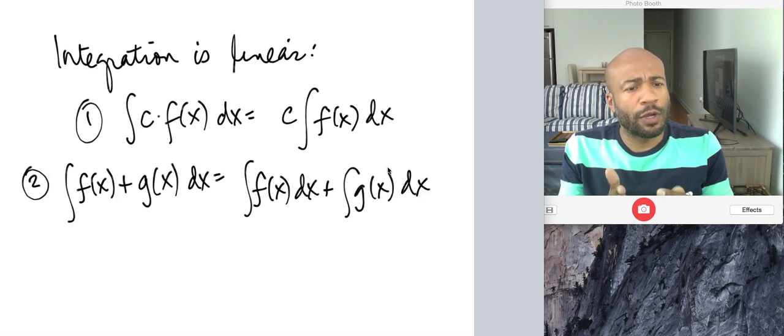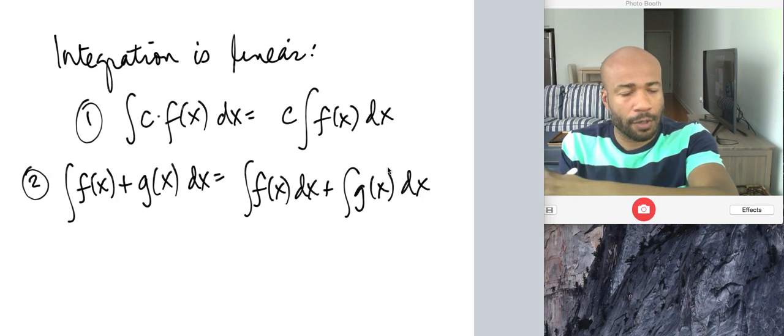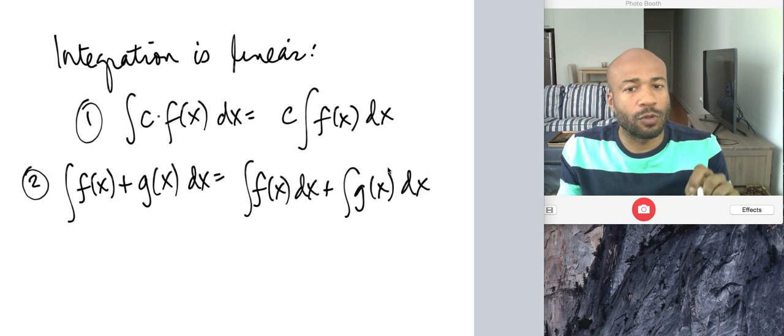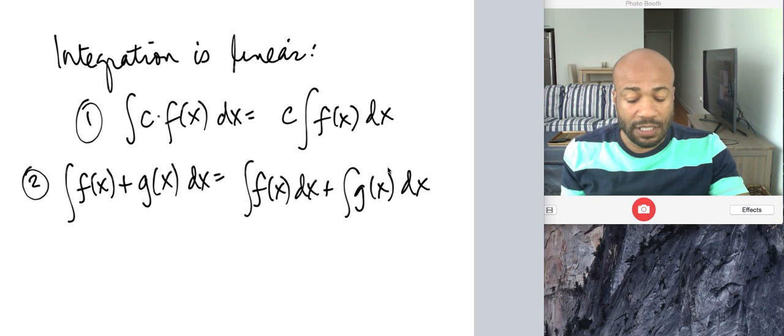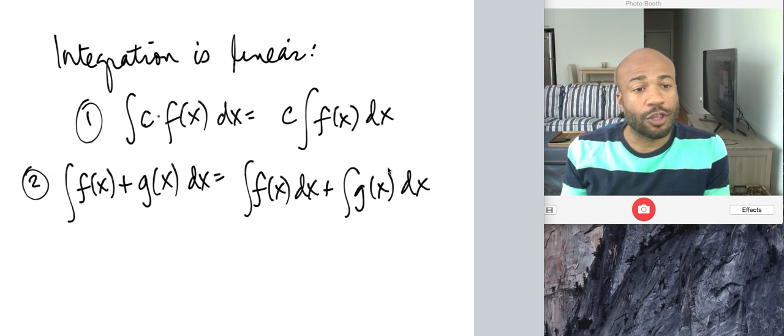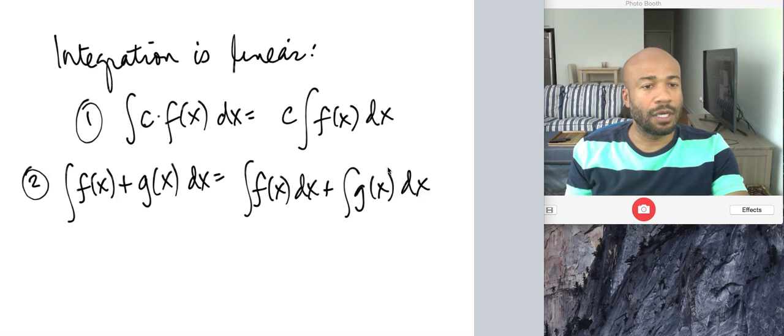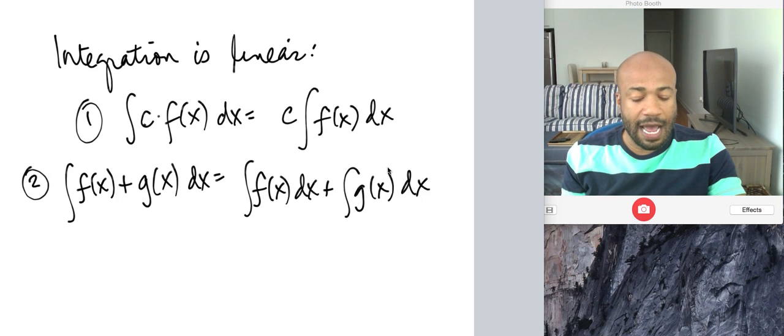Well, just like the derivative, where you could pull out that number and just take the derivative of the actual function, the same thing applies to integration. So if I have c times f of x, you can take that c and throw it on the outside of the integral. C times, this is still multiplication, the actual integration of f with respect to x.